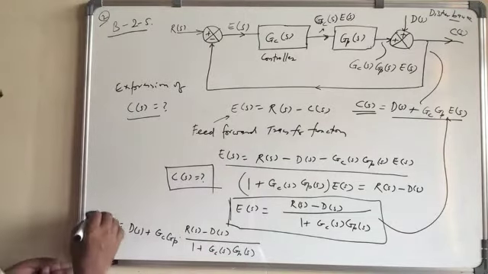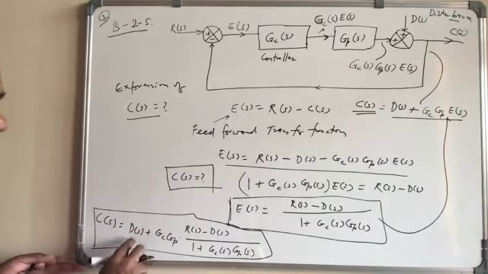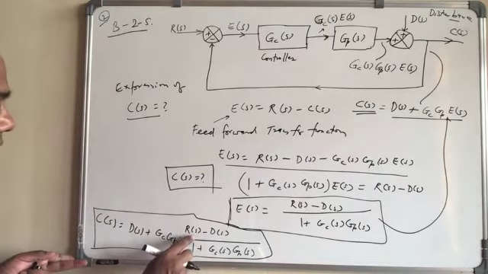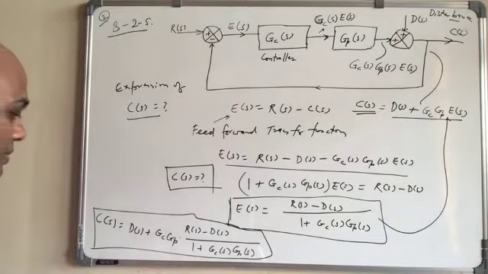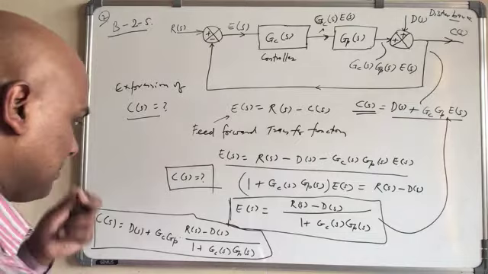So this is what the solution will be. Here we have DS, GC, GP, RS only, and this way this is going to work. So you can also simplify.